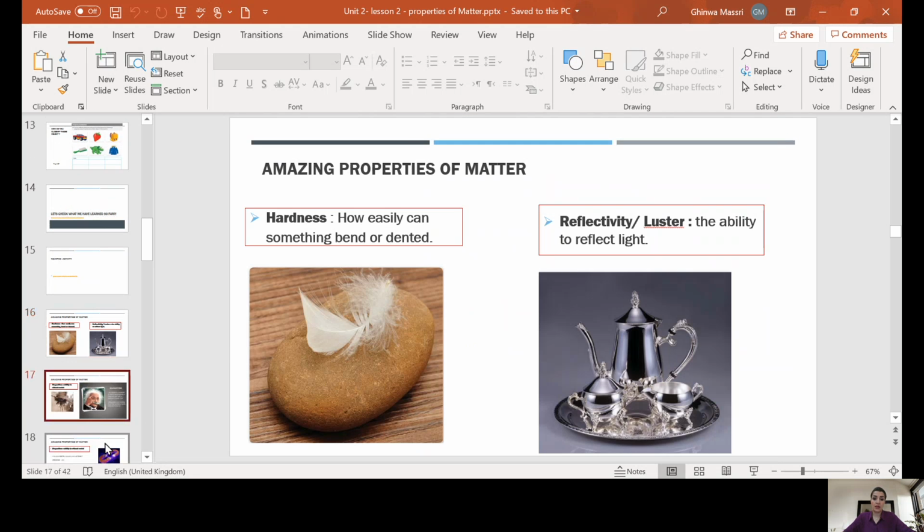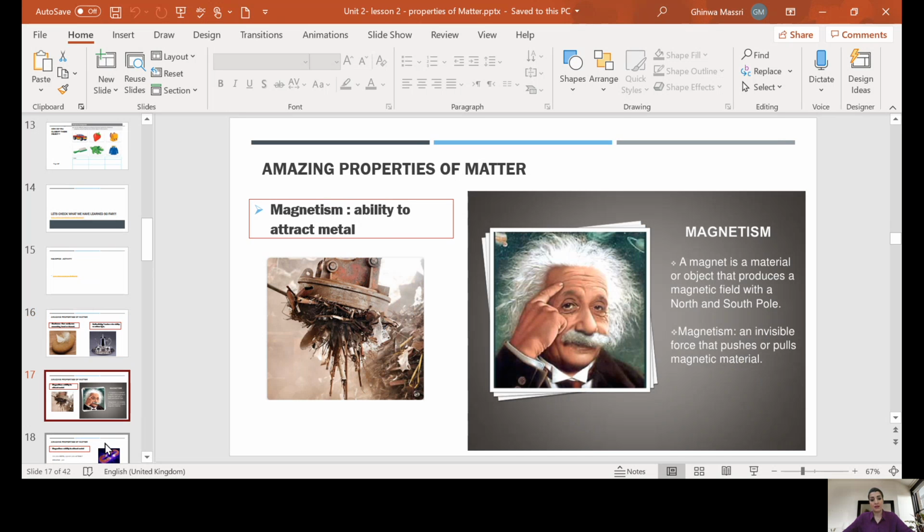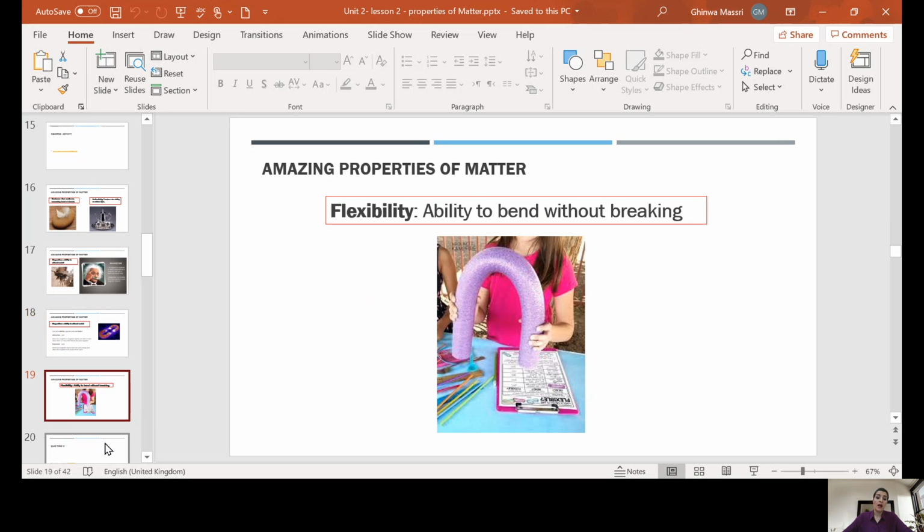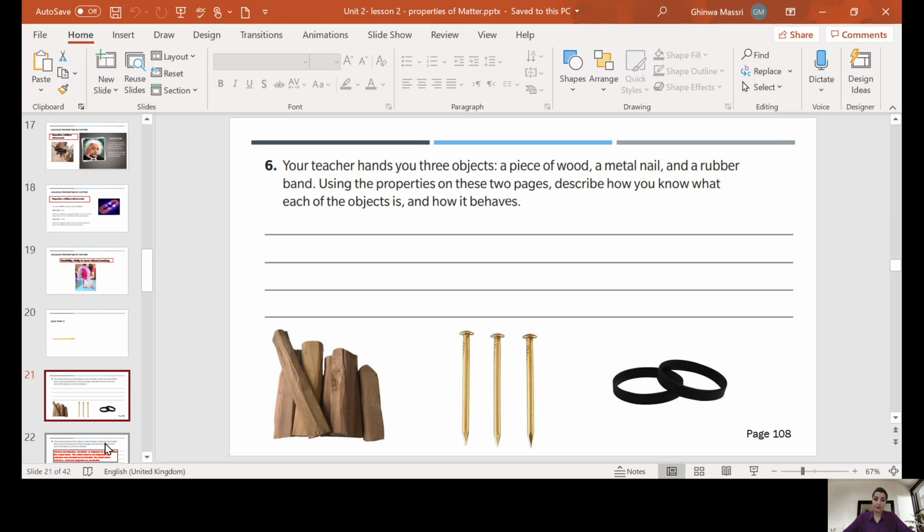Another thing we discussed is that hardness is how easily an object can be bent. Reflectivity is a physical property that is the ability to reflect light, such as metal. Magnetism is the ability to attract metal, and this is again another physical property. Flexibility describes matter by the ability to bend without breaking.